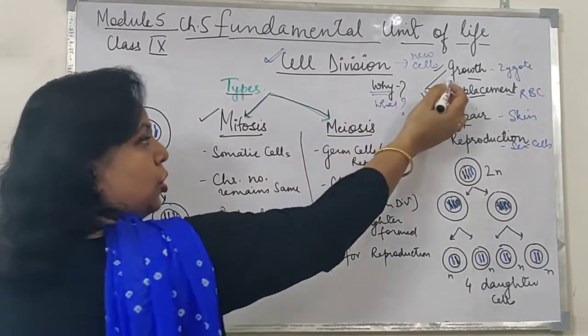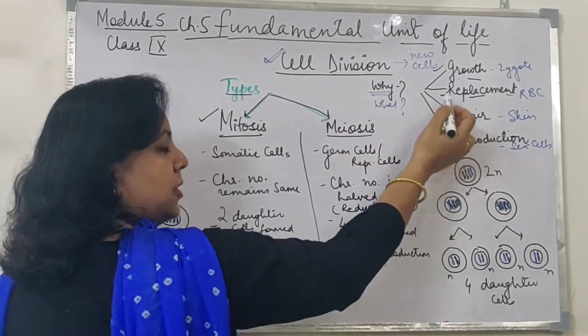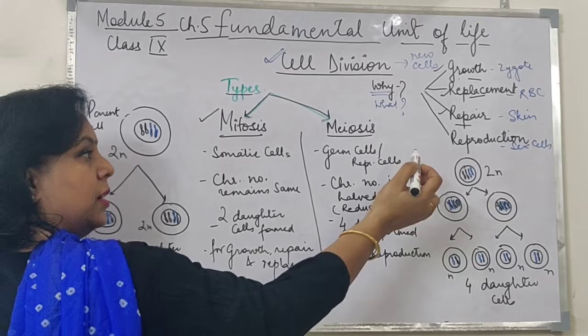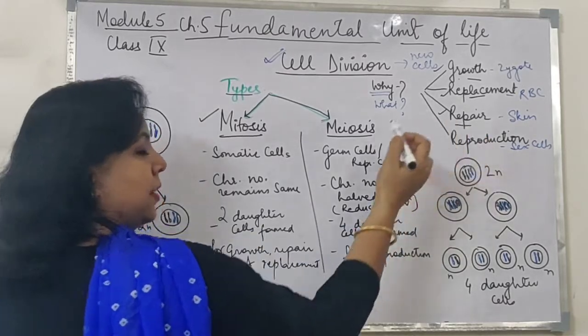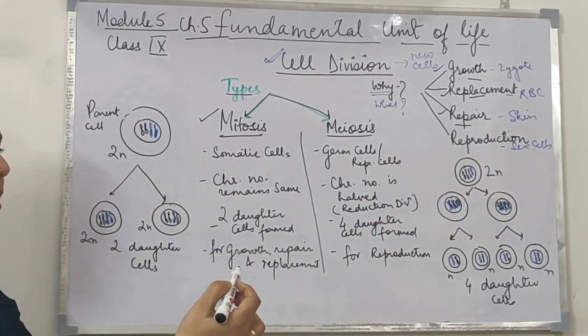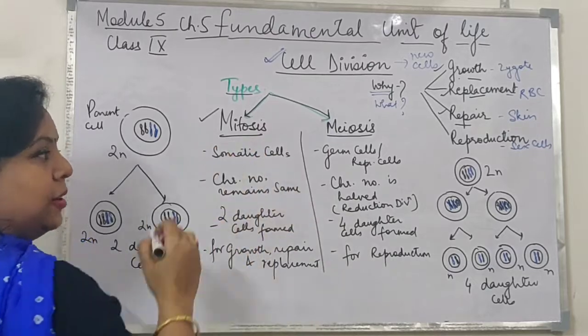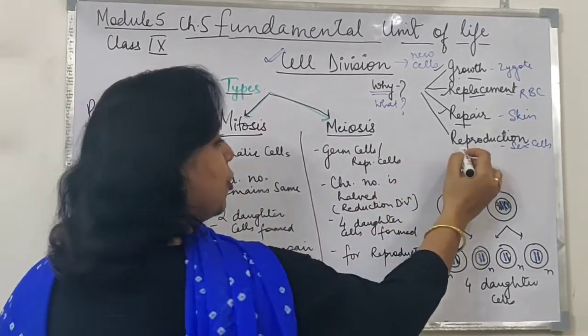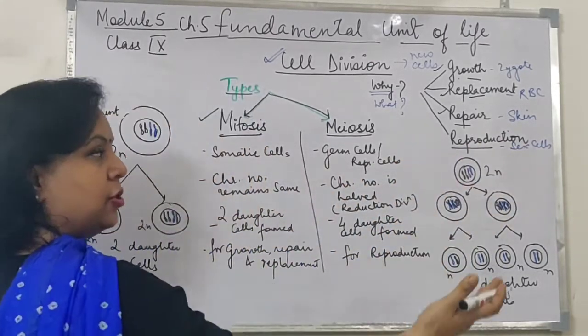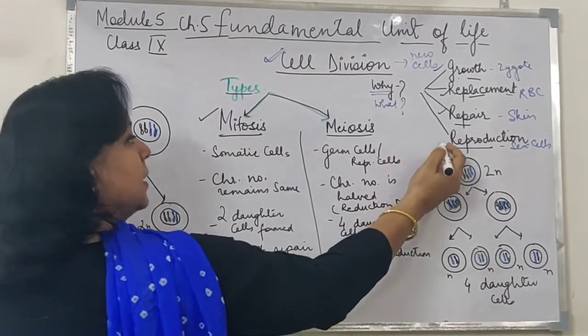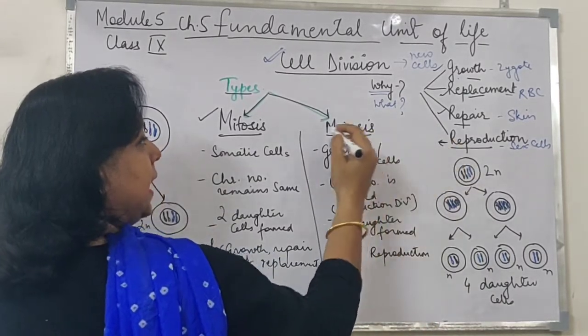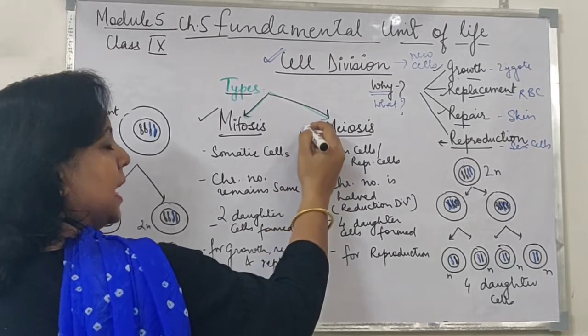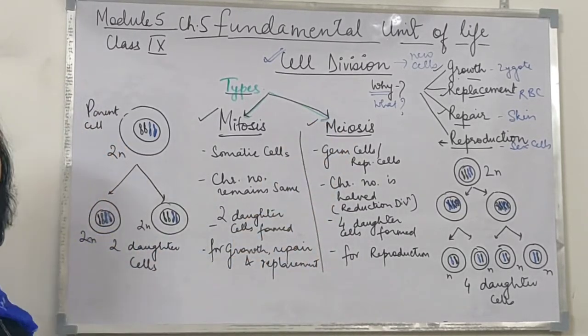For growth of the body, for replacement of old and worn out organs and cells, and repair of some damaged cells and tissues, we need mitosis. But for reproduction, for formation of new organisms, this second type of cell division, that is meiosis, occurs.